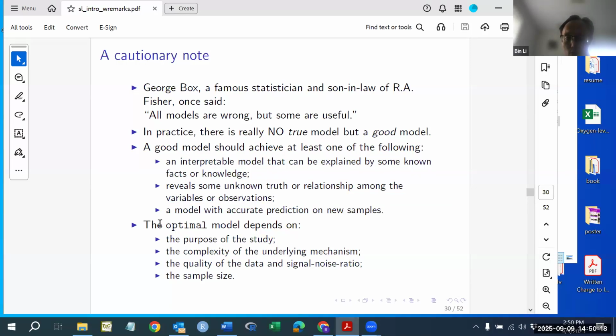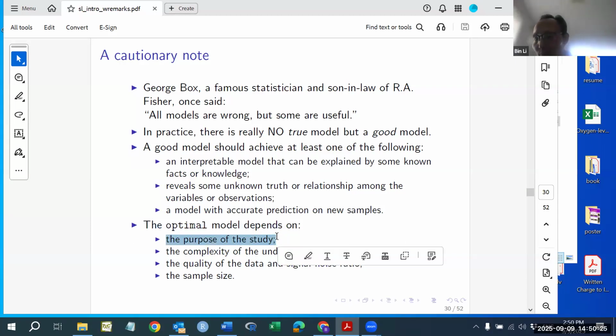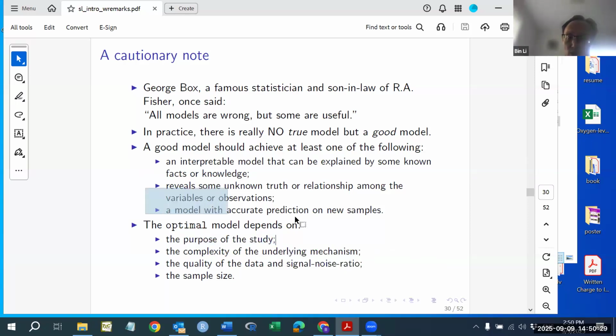So an optimal model depends on the purpose of the study. What do you mean by optimal? If you focus on prediction accuracy, an optimal model is the model that gives the best prediction results.